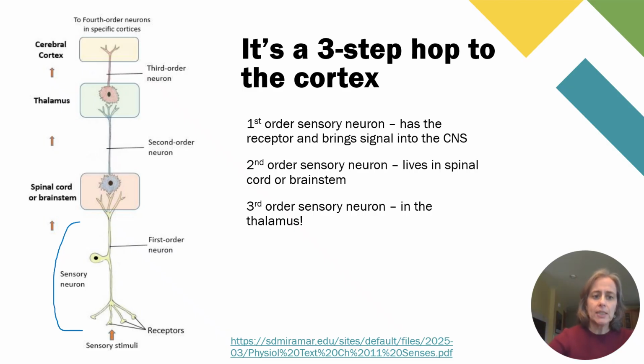And then that is going to synapse with your second order neuron. So here's the soma of your second order neuron. And your second order neuron is going to live either in the spinal cord or the brainstem. And then it's going to synapse with your third order neuron here, which is in the thalamus. So that third one is in the thalamus, and then we're going to project to the primary somatosensory area in the cerebral cortex.